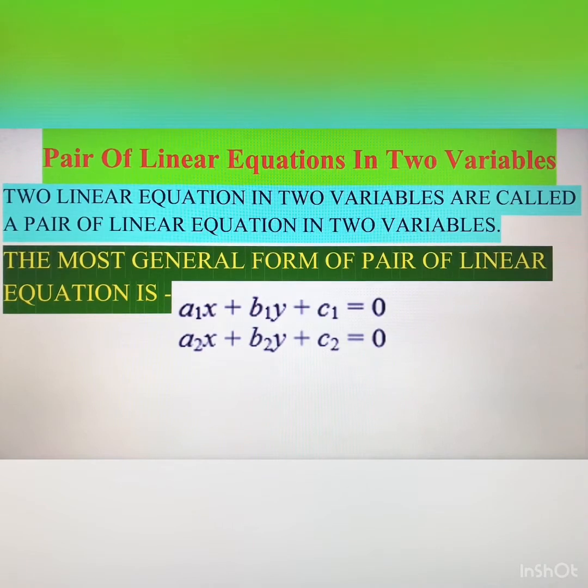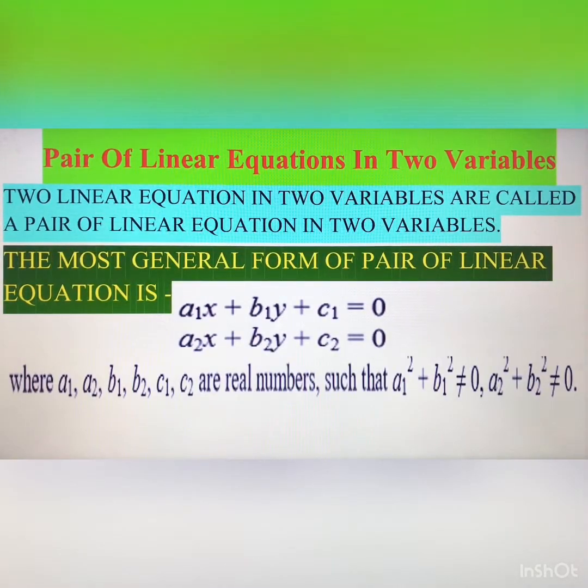These simultaneously are called a pair of linear equations in two variables, where a1, a2, b1, b2, c1, c2 are real numbers, such that the necessary condition is a1 square plus b1 square is not equal to 0, and a2 square plus b2 square is not equal to 0.